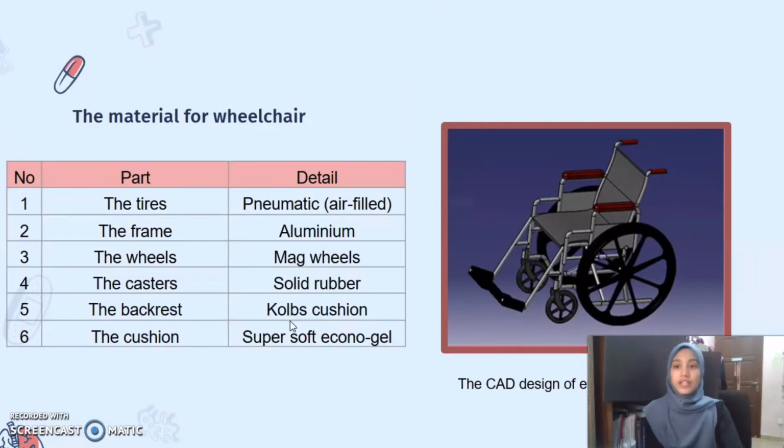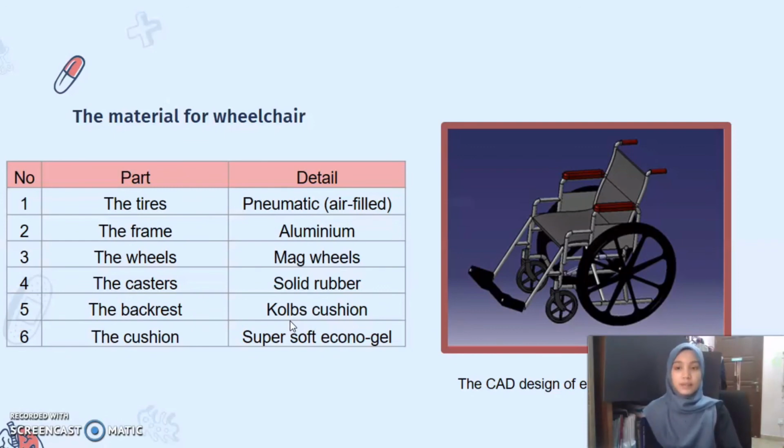This one is the material for the ergonomic wheelchair. After studying the previous papers, the detailed material used for each part is based on the latest study.